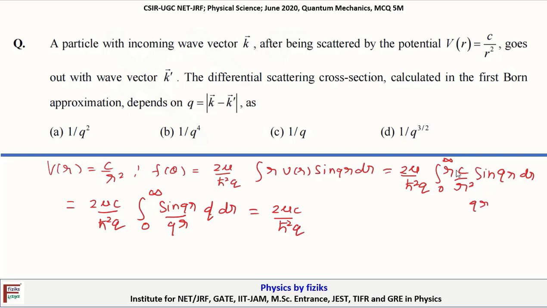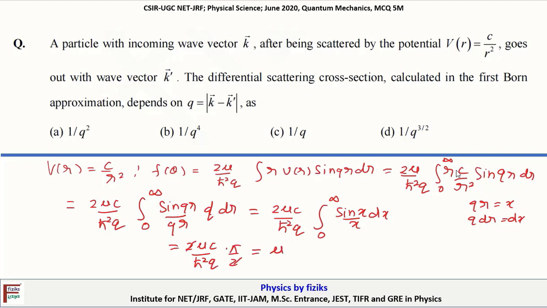Now I take qr = x, so q dr would be dx. This integration takes the form ∫₀^∞ sin x / x dx, which gives us 2μc/(ħ² q) × π/2.